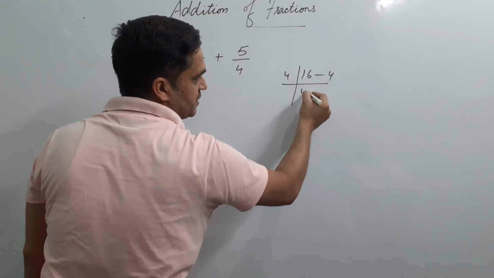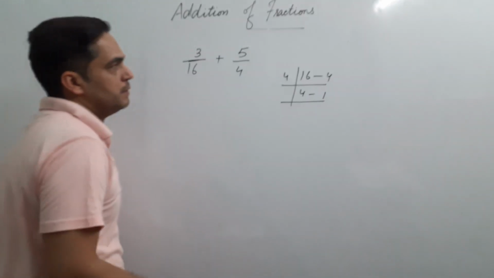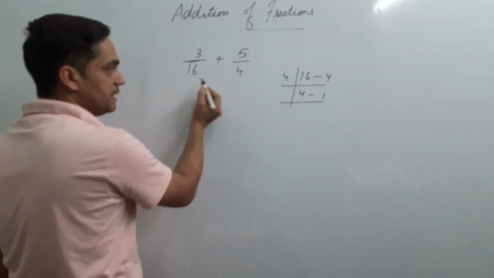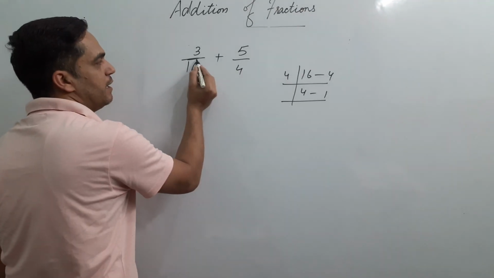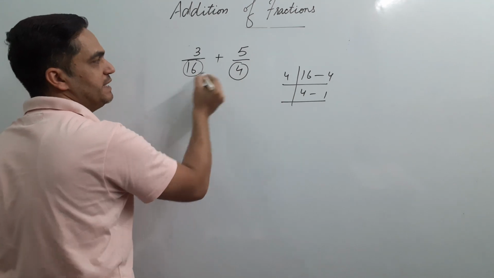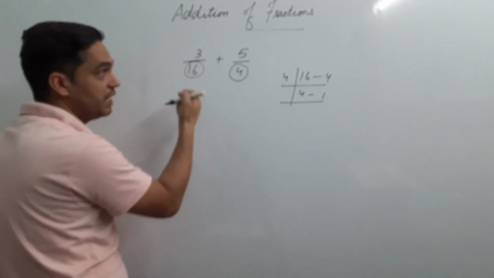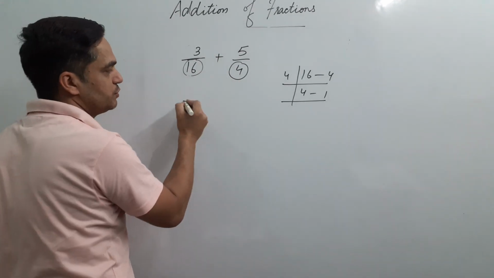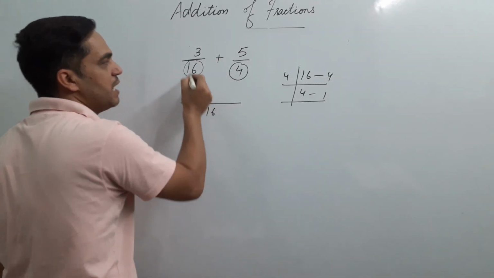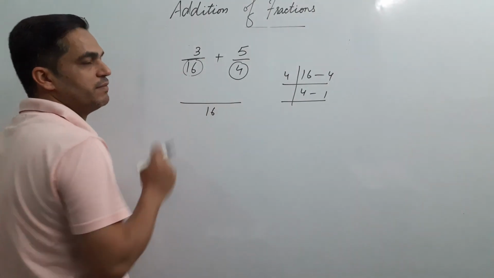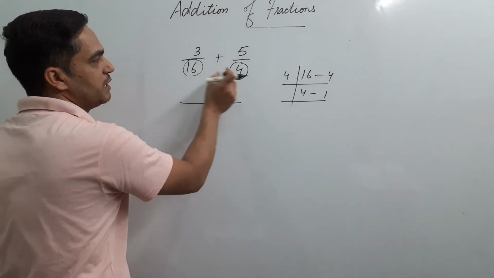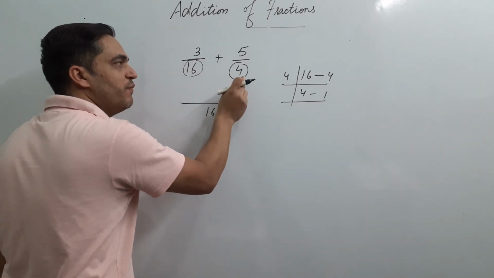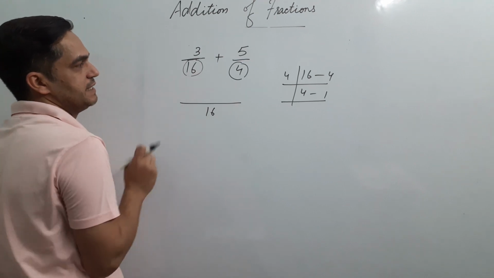The both are divisible by 4. Children, I just want to say, if any one of the denominator is the multiple of other, their LCM will be the bigger one. This bigger number 16 is the multiple of 4, so we can take 16 as LCM.